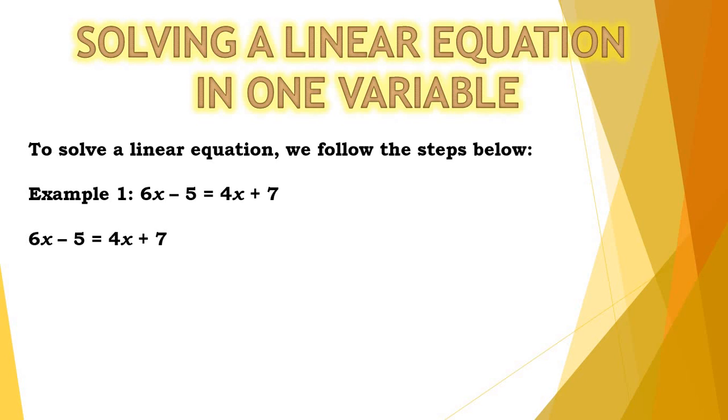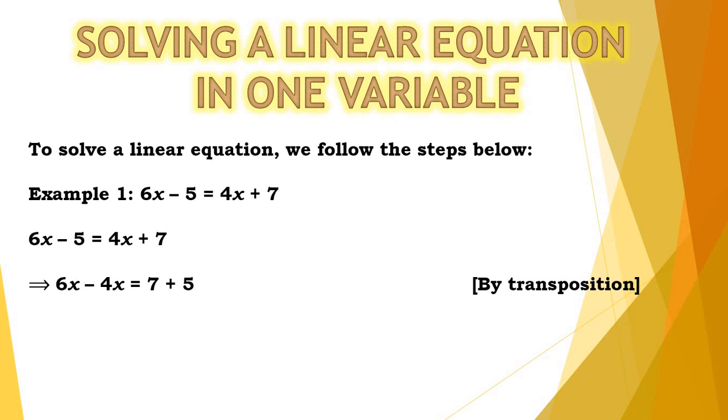So 4x has a plus sign, so it will become minus when it goes to LHS, and 5 has a minus sign, so when it goes to RHS it will become positive. So it will become 6x minus 4x is equal to 7 plus 5.